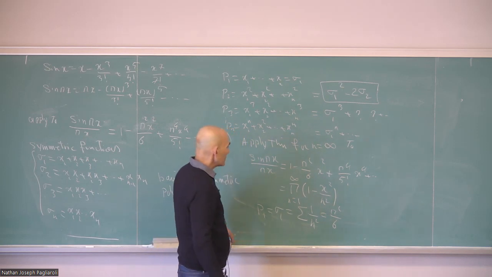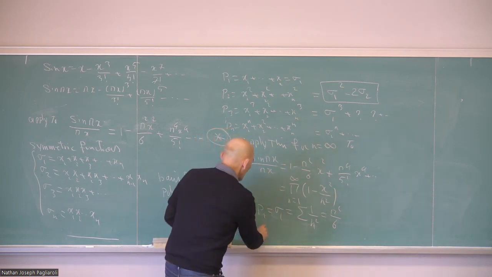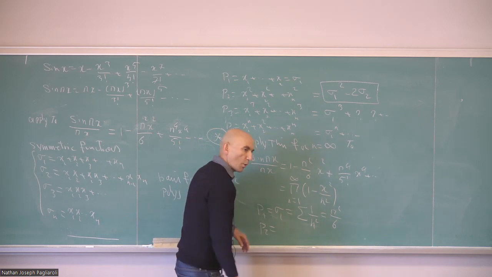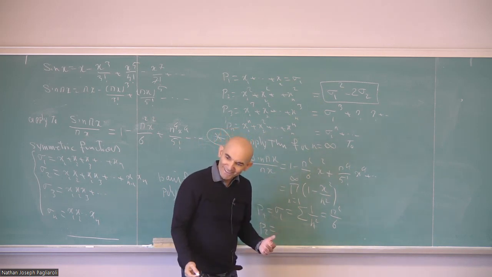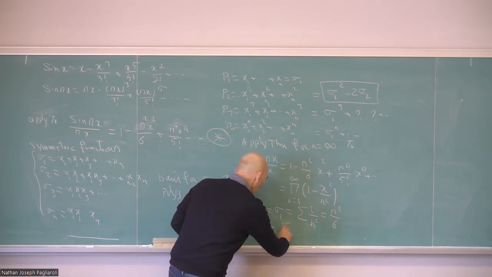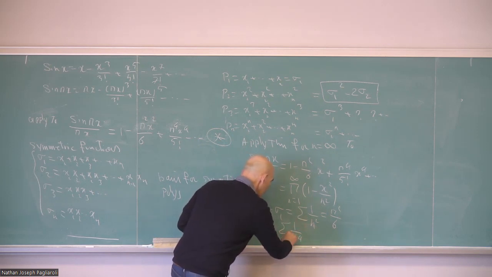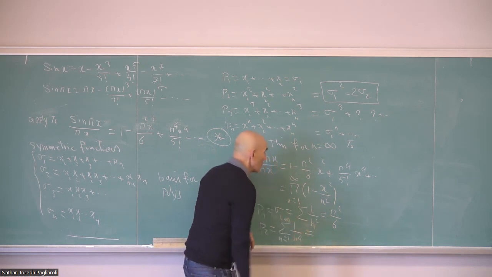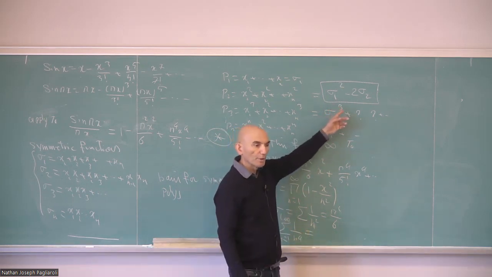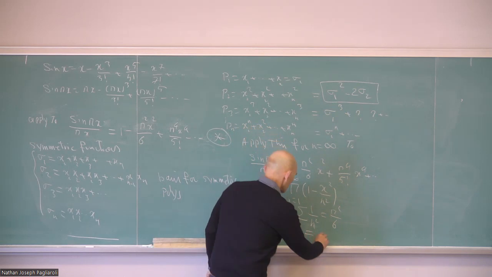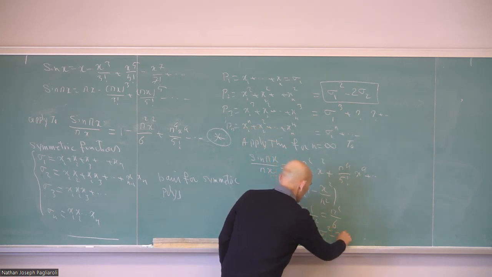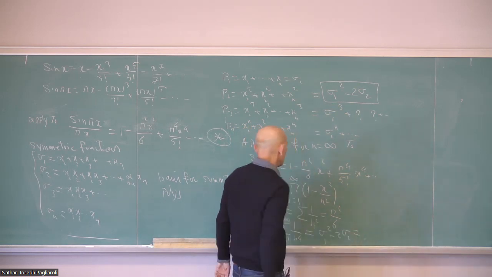But what we are interested in now is P2, which is the sum of squares of these things, the sum of 1 over n to the 4. This equals sigma 1 squared minus 2 sigma 2, right? Now, what is sigma 1?